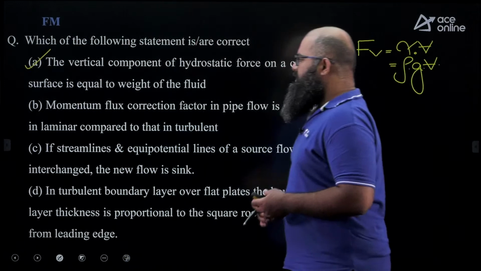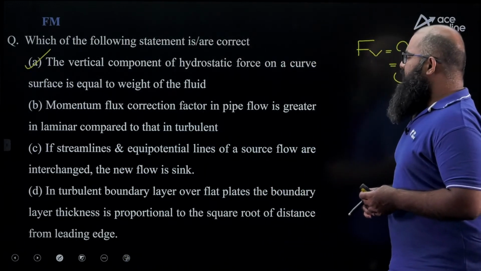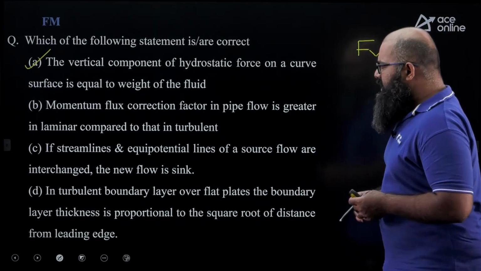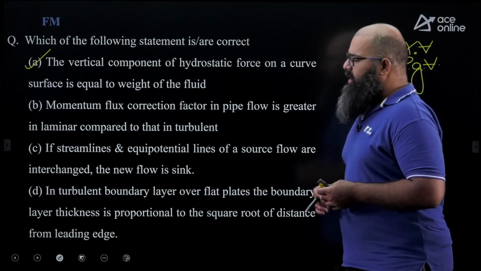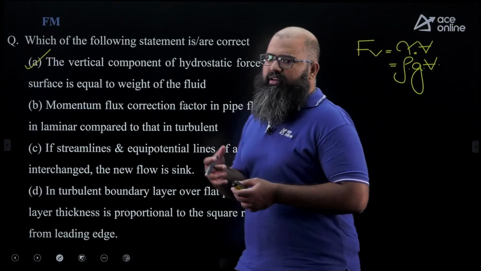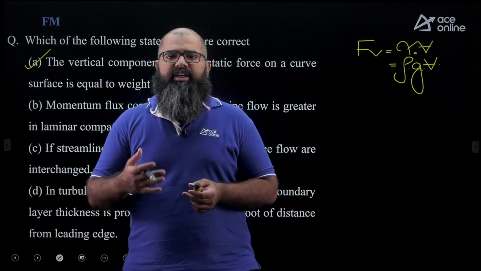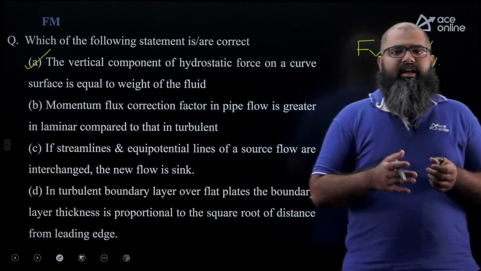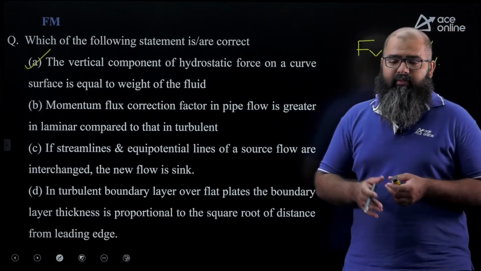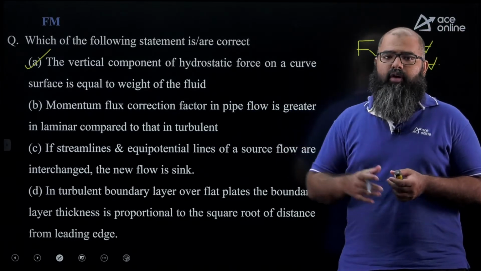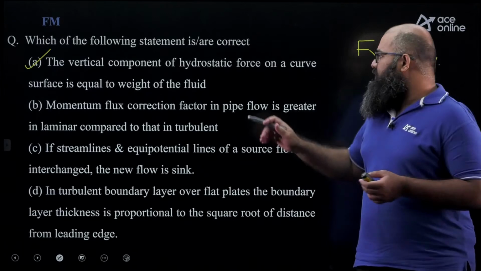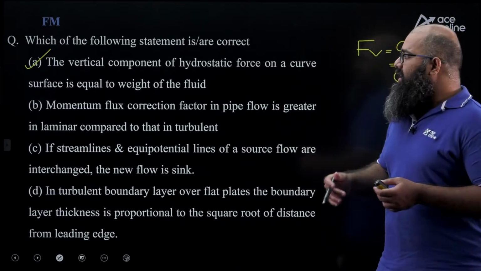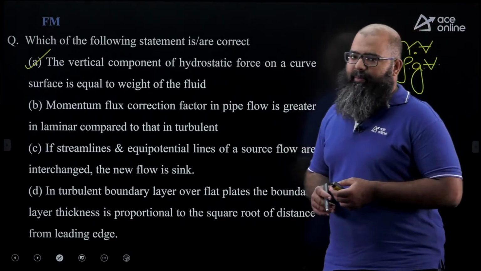Fine. Next statement. Momentum flux correction factor in a pipe flow is greater in laminar compared to that in turbulent. Now if you recall, correction factors come by virtue of deviation from uniform velocity profile. In the case of laminar flow, since we have a parabolic velocity profile which has far more deviation from uniform compared to the logarithmic velocity profile of turbulent flow, the correction factor will be higher in the case of laminar flow.